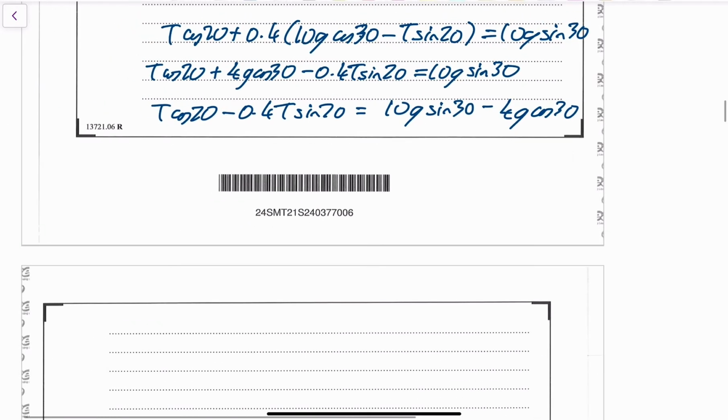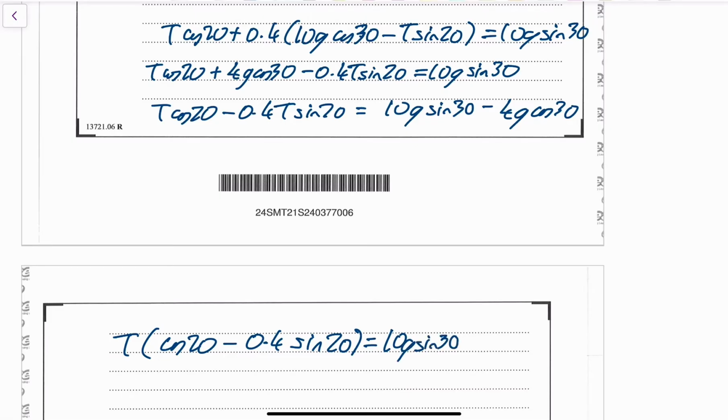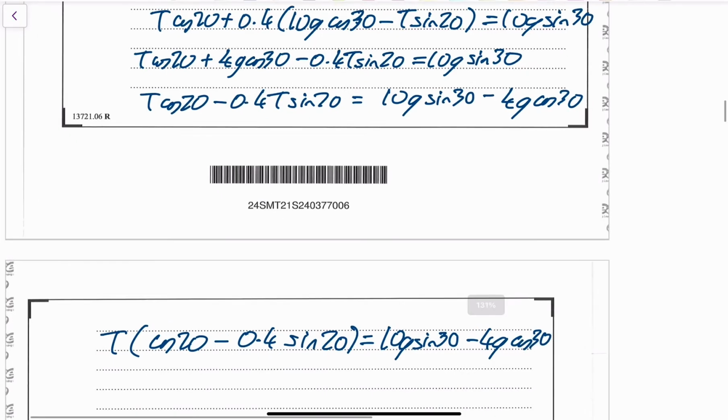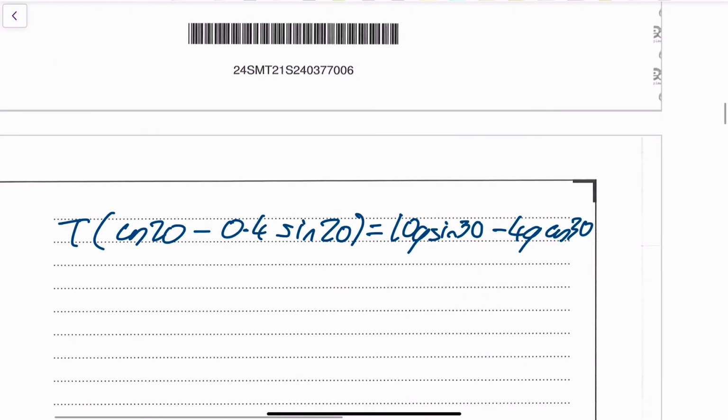Now what we want to do is factorise out a T on the left, so you'll have T times (cos 20 minus 0.4 sin 20), and that equals your 10g sin 30 minus 4g cos 30. And then all we can do then is divide across by that.